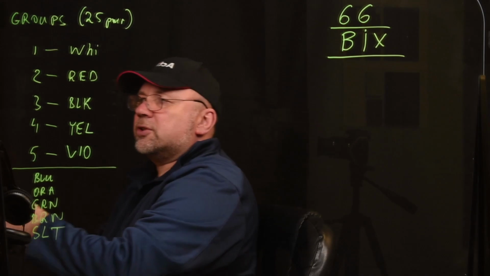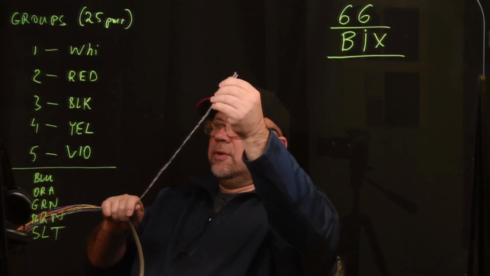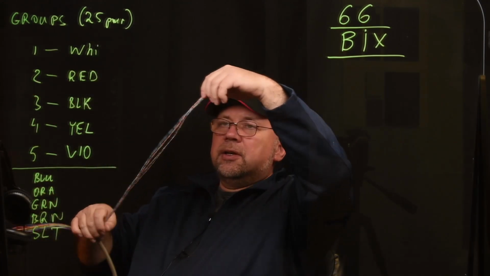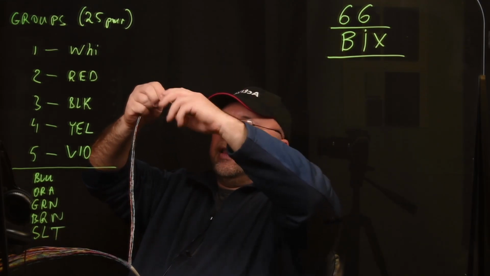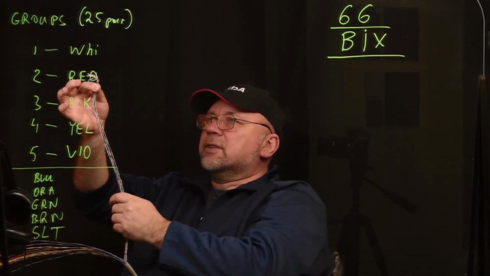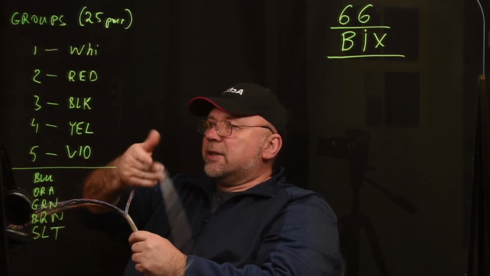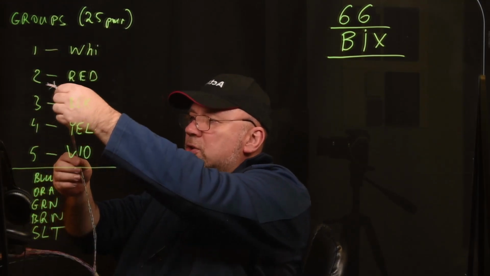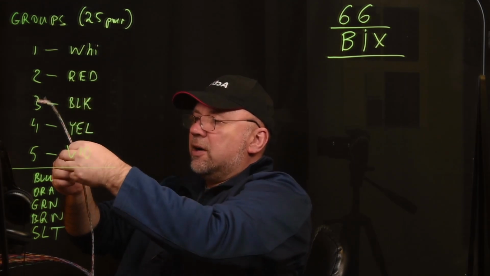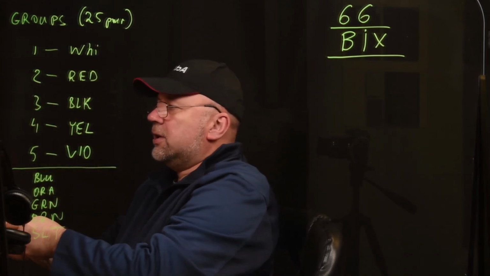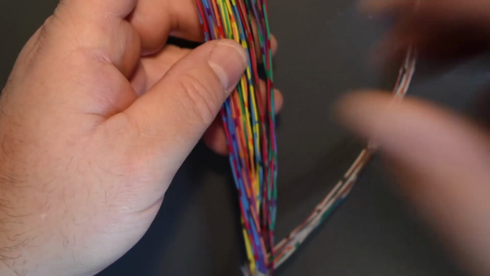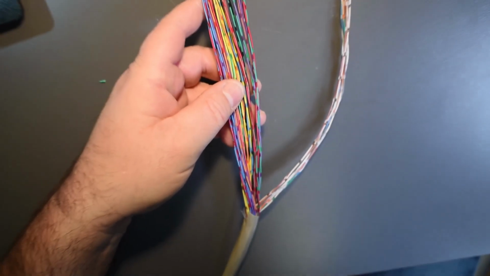And I'm just going to go right to the end of this bundle right here, and I'm going to tie just a little tiny squiggly kind of a thingy here. Just like that, so the group stays intact. Don't do it all the way because we're going to cut this off. Just at the tip.